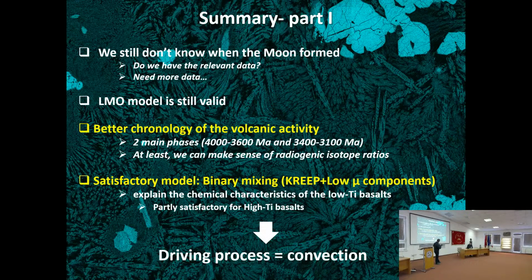That explains the chemical characteristics of the low titanium basalts. For the high titanium basalts, it's not as good. For the low titanium basalts, we believe this mixing is the evidence of a convection process.